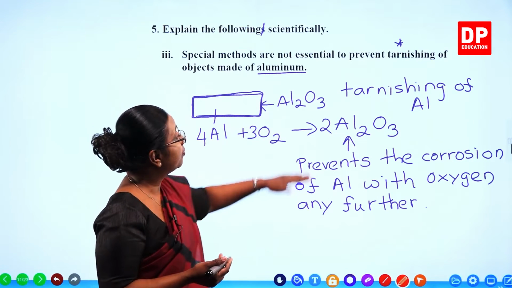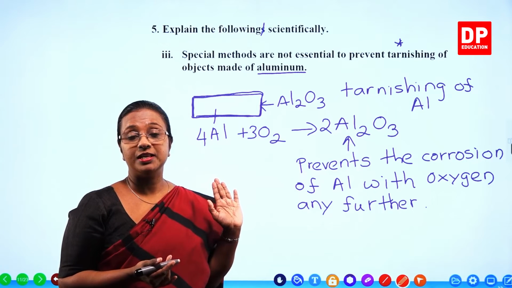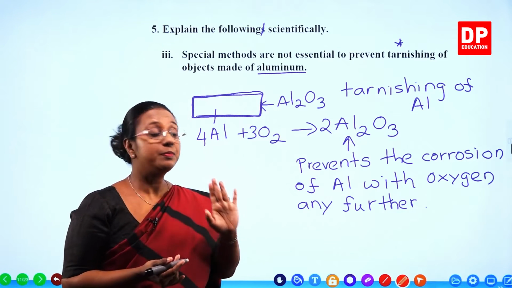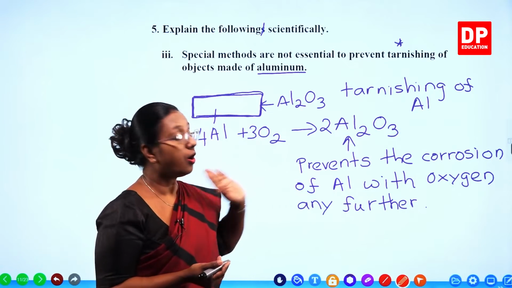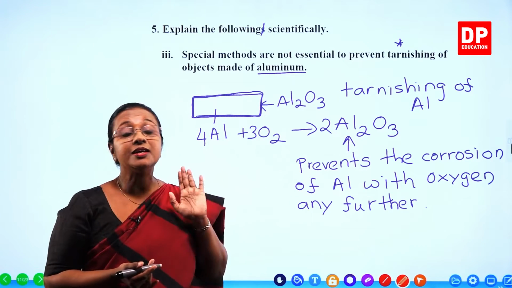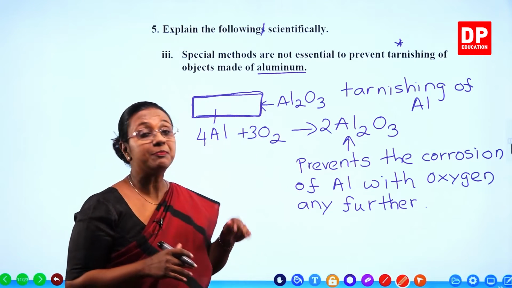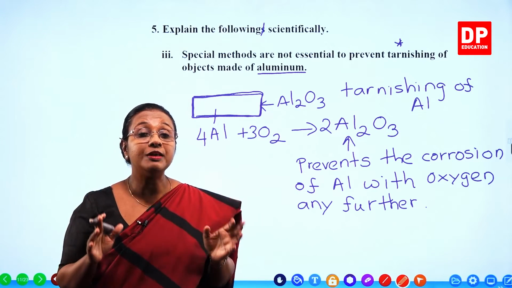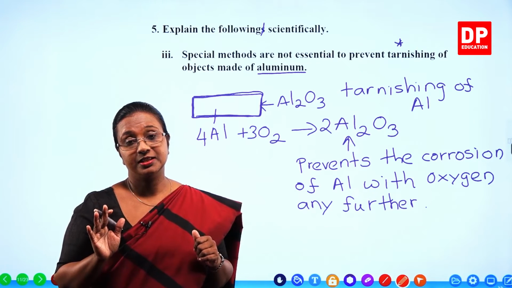But here, once the tarnishing happens, a very thin layer of aluminium oxide is formed, and that prevents further corrosion of the metal with oxygen. So because of that, we don't need to take any preventive measures to prevent the corrosion of aluminium with oxygen.